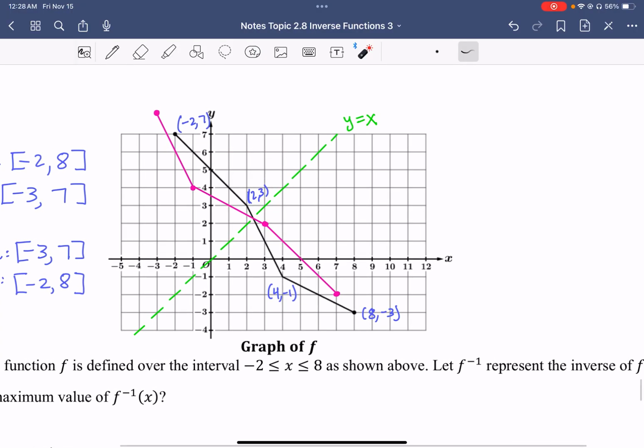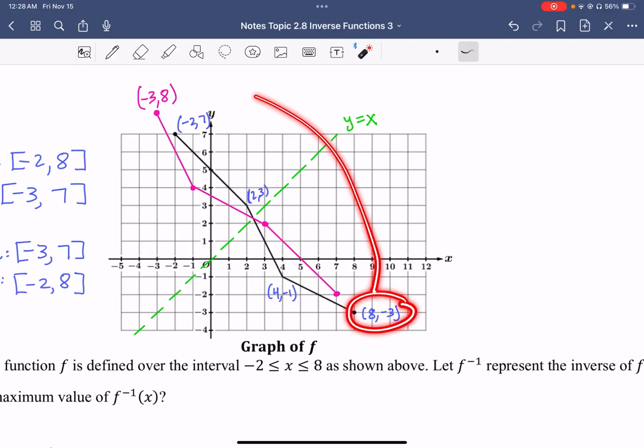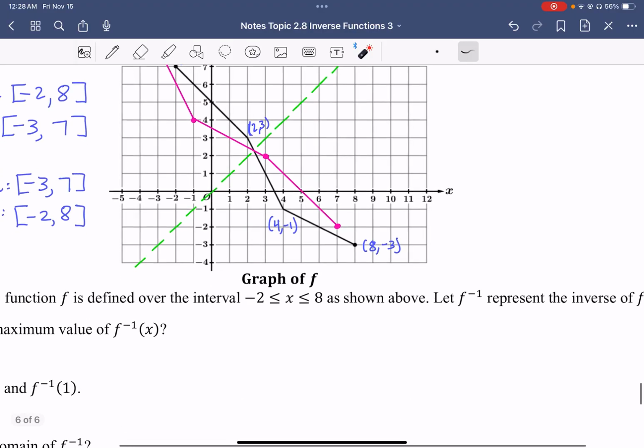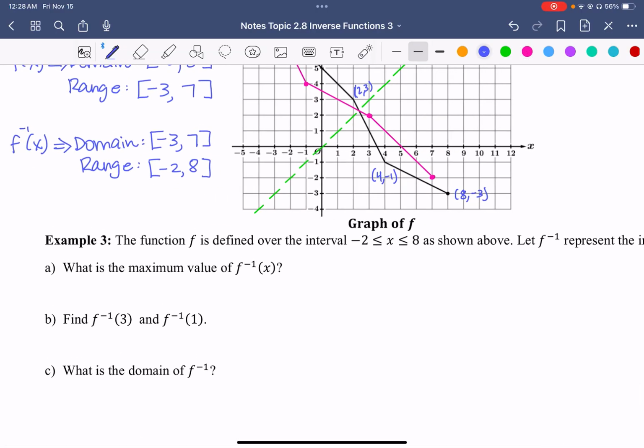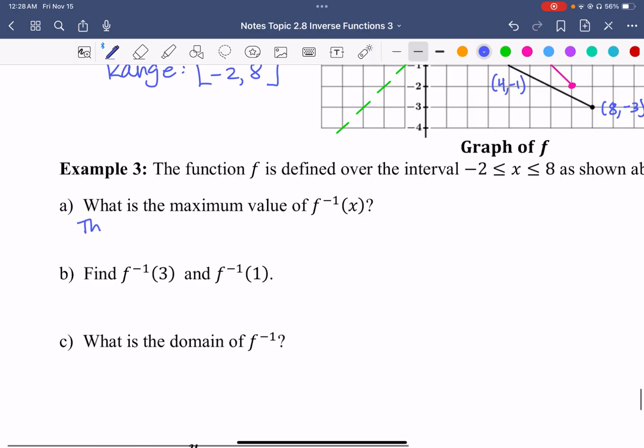Oh, no, it wasn't. That was the other one. This point here came from -3 and 8 because it came from this one that we switched over here. So the highest y value was 8. Okay, so the maximum value of the inverse of f of x is 8.